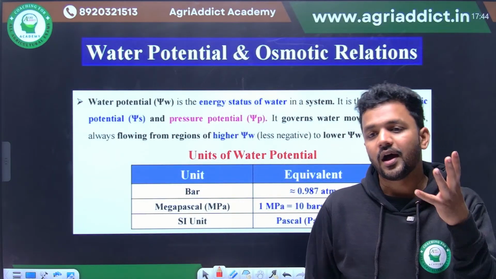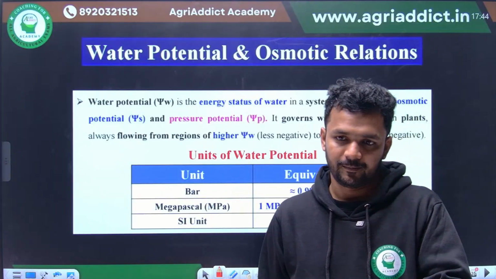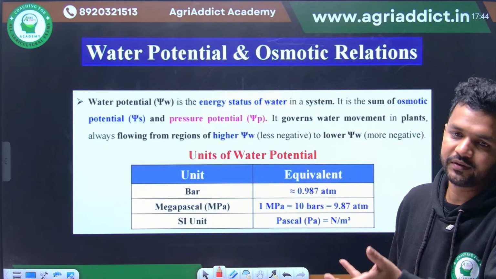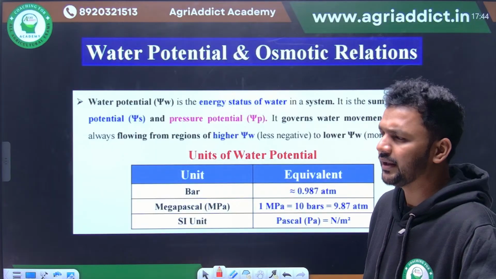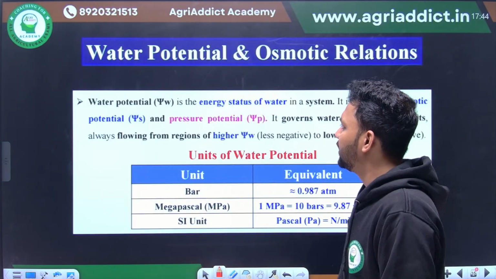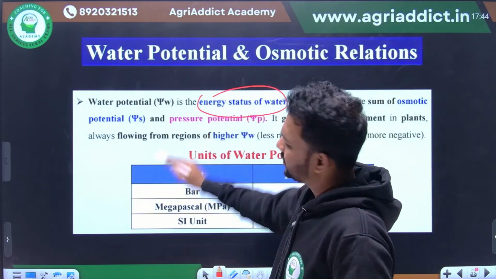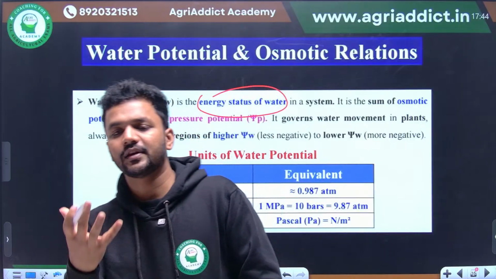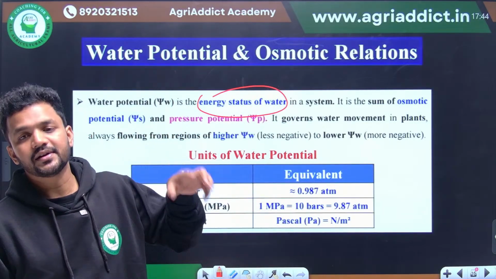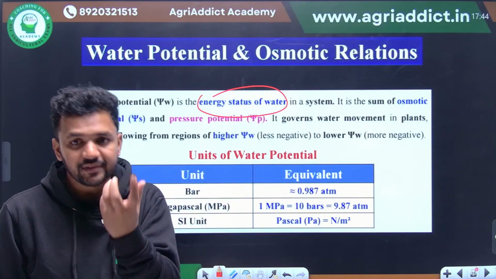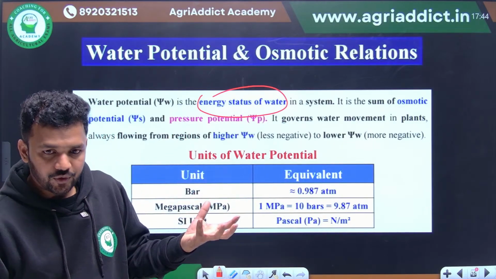It means how much potential you have. The capacity is potential only. And what kind of capacity? To perform some work or any kind of work, it is potential. So it is the energy status of water, basically free energy that is available to perform work. So water potential is the energy status of water in a system to carry out some work.